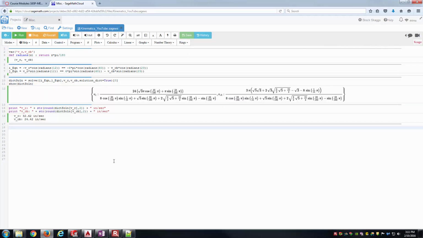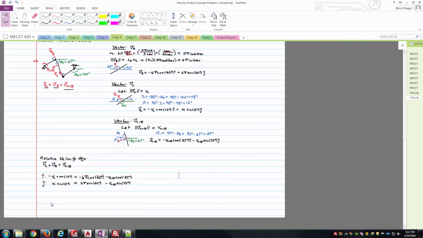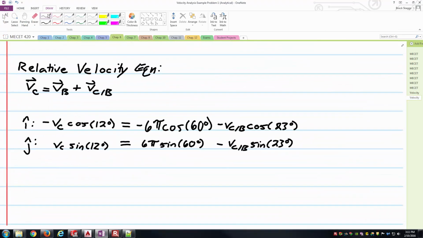And so since I've got this value from Sage, now I'm just one small step away from determining the angular velocity of the rocker. I'm interested in this value right here, that the velocity of C, as far as the magnitude of that vector, was 32.62 inches per second.